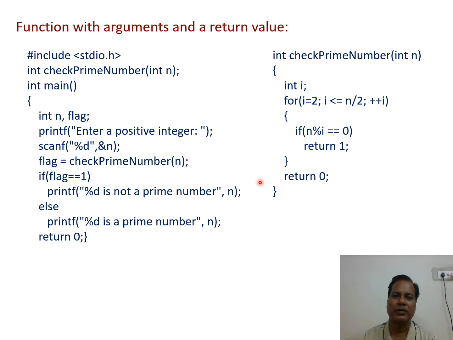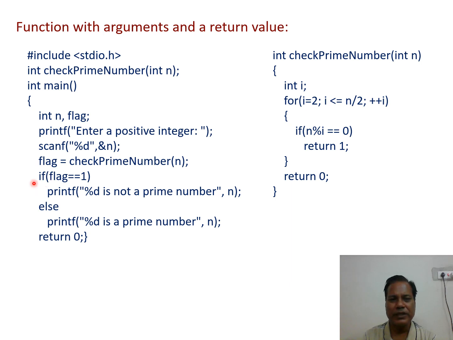If 1 is returned, it means that the entered number is not a prime number. If the number is not divisible by any number within this range, then 0 is returned to the calling function, and that value is assigned to the flag variable.